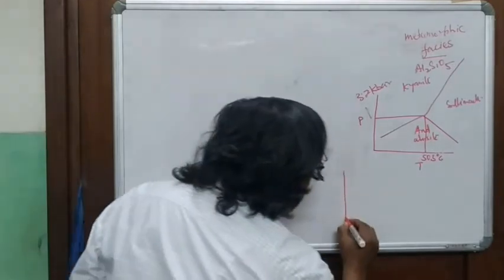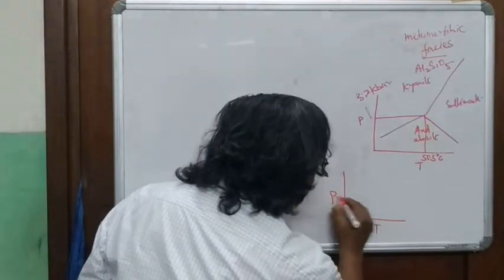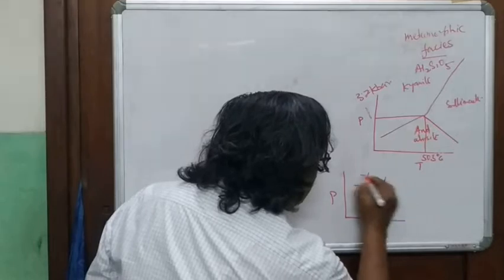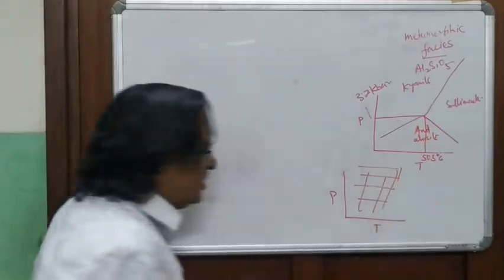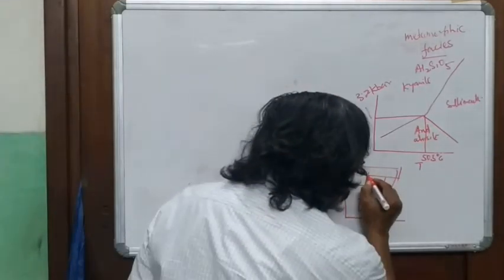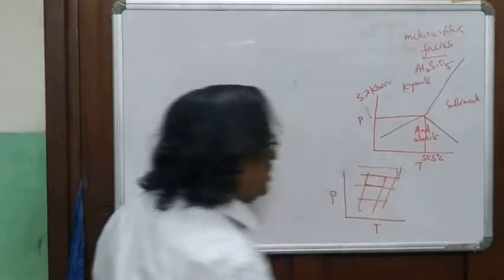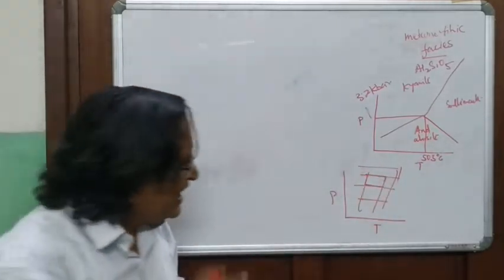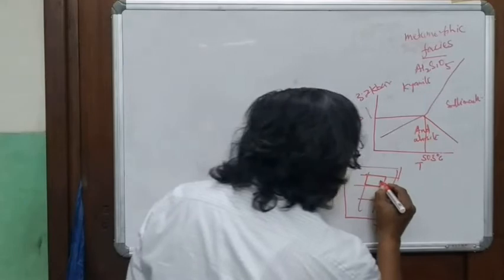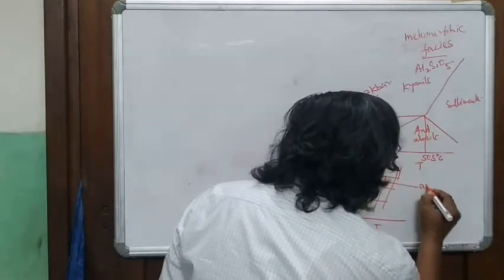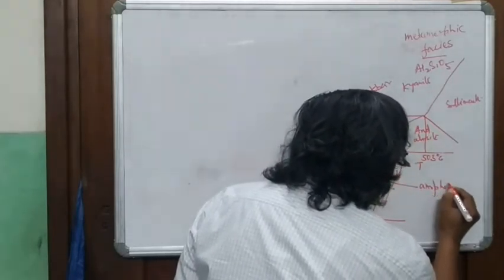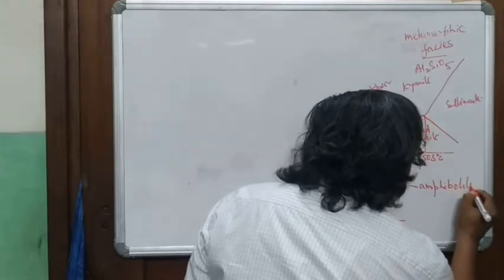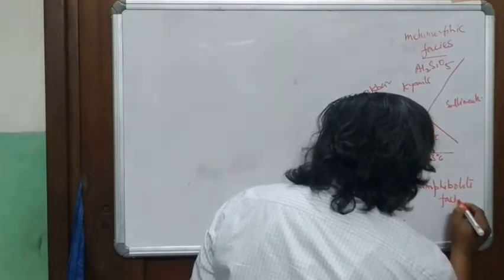So a PT field needs to be divided into certain grids, and each grid represents a particular facies. For example, say the name of the facies is amphibolite.